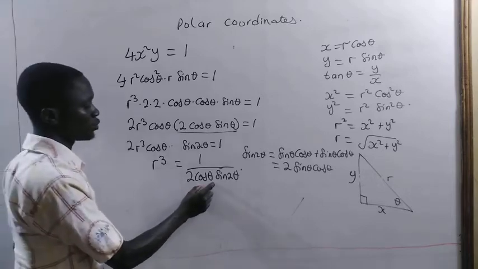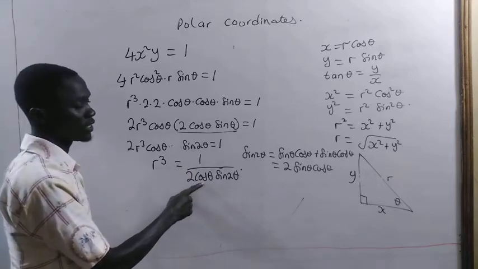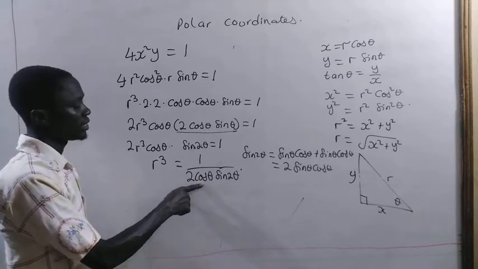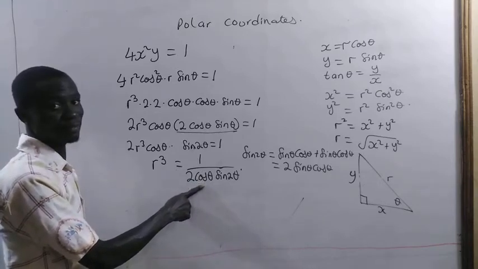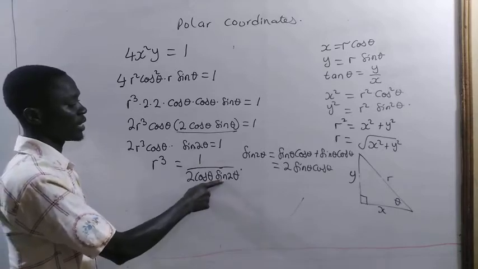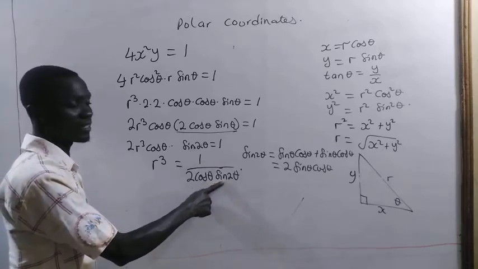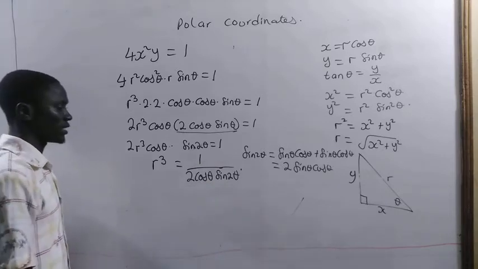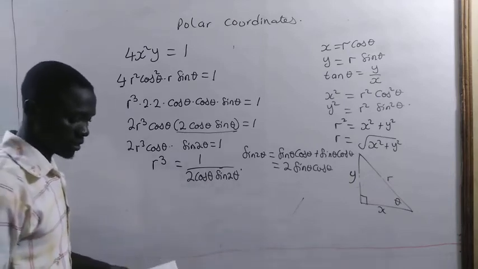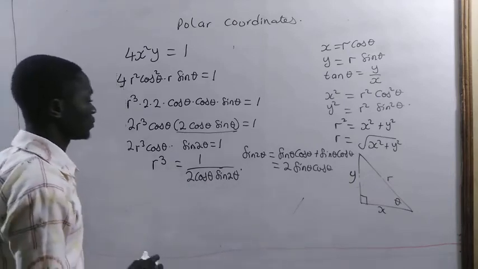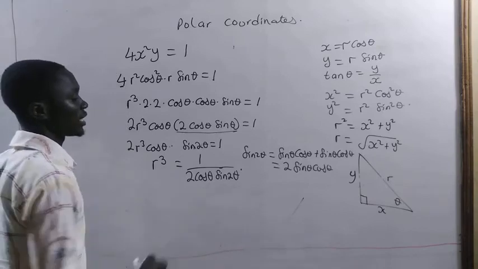We can simplify this one further, because 1 divided by cosine of theta will give us secant theta, and 1 divided by this will give us cosecant 2 theta. We can write it in that form, or we can leave it here. Yeah, cosecant 2 theta, not cosecant theta.